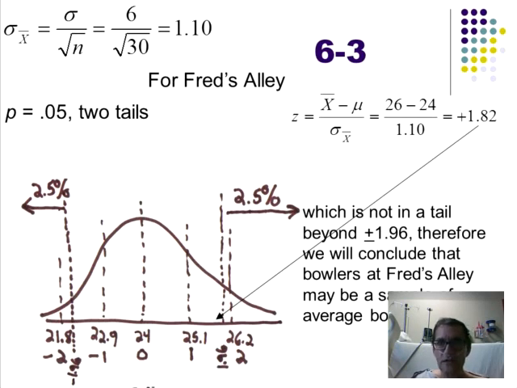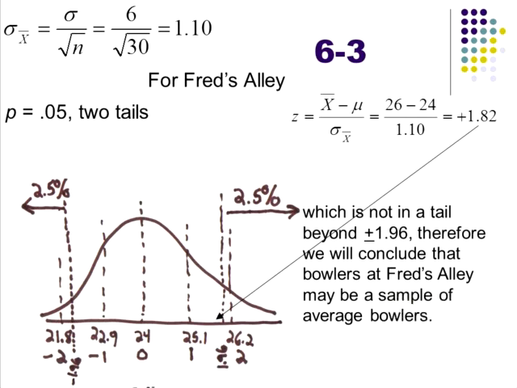Take a look at the arrow: that positive 1.82 is a relatively large z-score. There's no doubt it's kind of a big number.